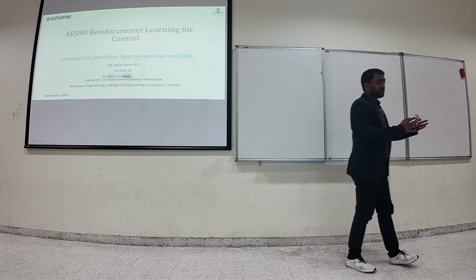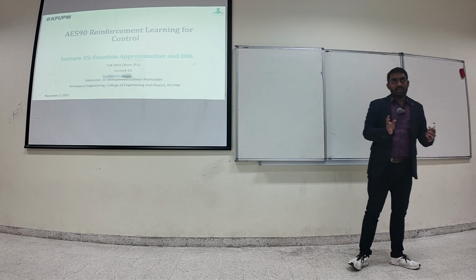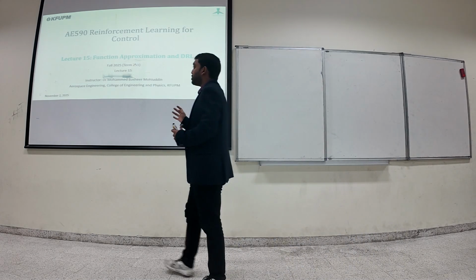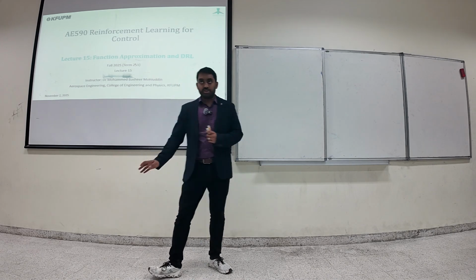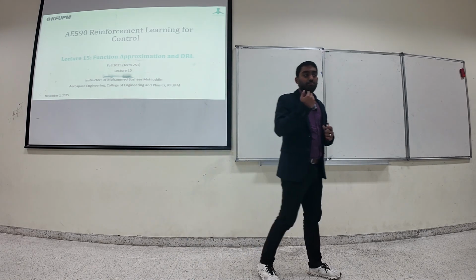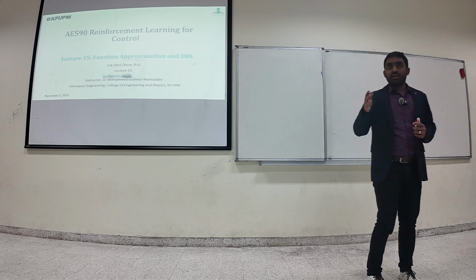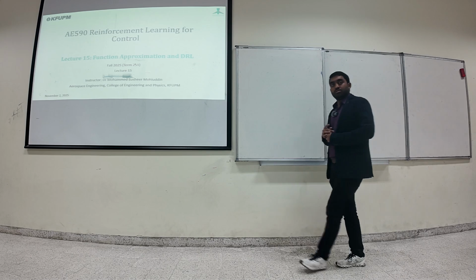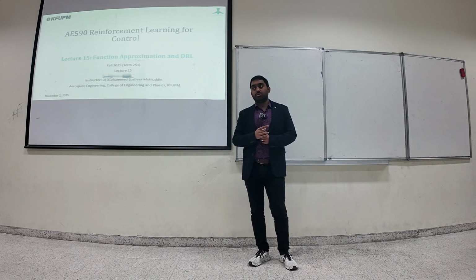Up until this point, it was mostly vanilla RL, that is without deep learning, right? We did not have neural networks or any kind of function approximators. What was the main limitation of using normal RL, that is, sorry, without deep learning? Anyone?